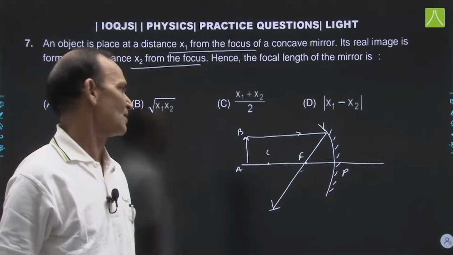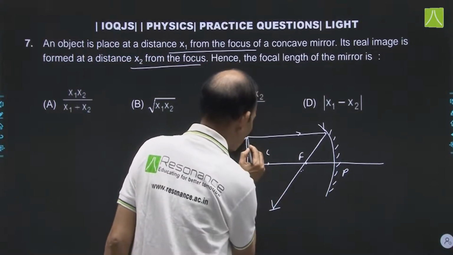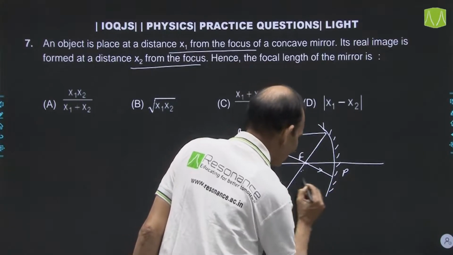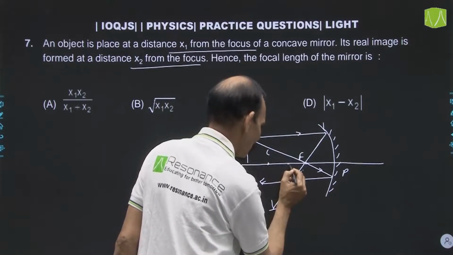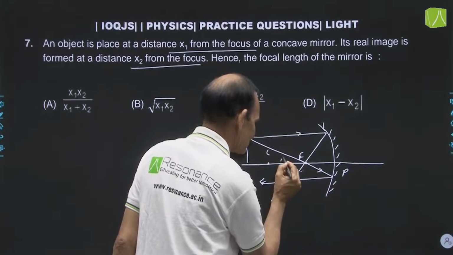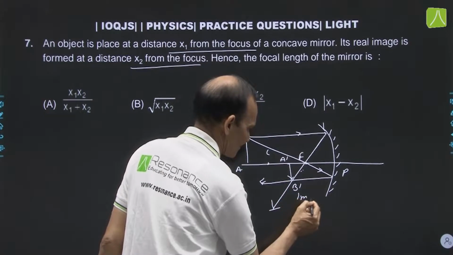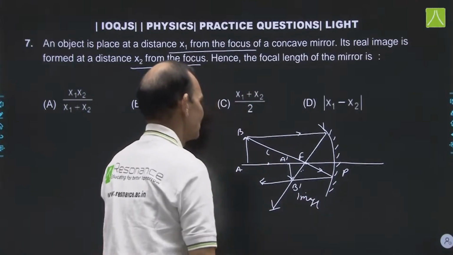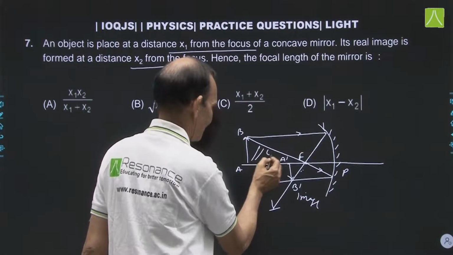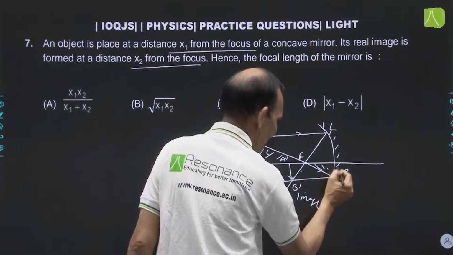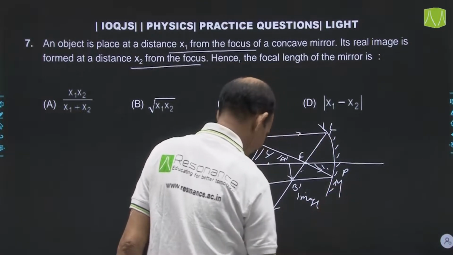Is it clear? Now the second ray passing through the focus point becomes parallel. Here will be the image. It is A dash and B dash. It is the image. Now think about this triangle and this triangle. This point is suppose L, this point is P, it is M.